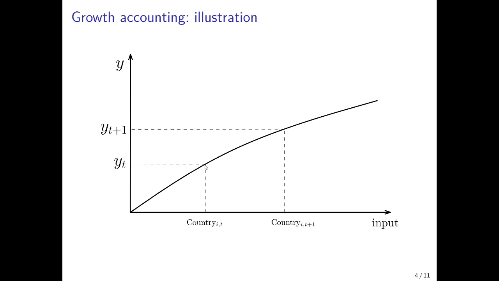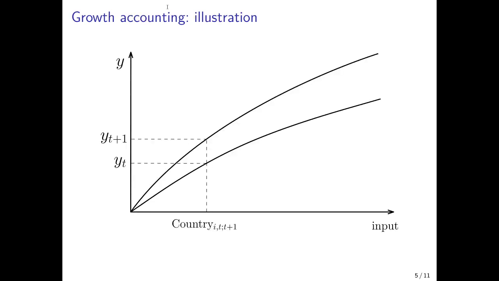This would then mean that the country moves along its production function to a higher level of output per capita at time t plus 1 because it uses more inputs. The production function itself did not change here.